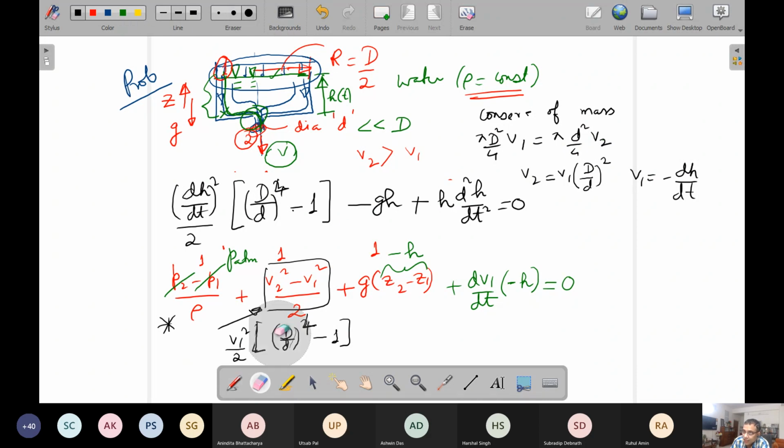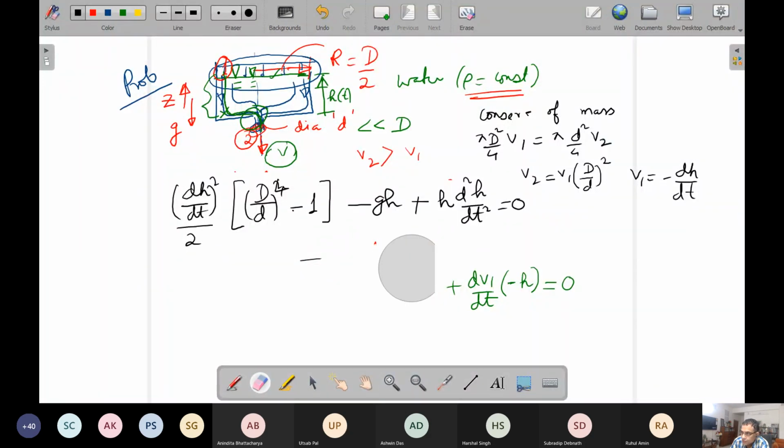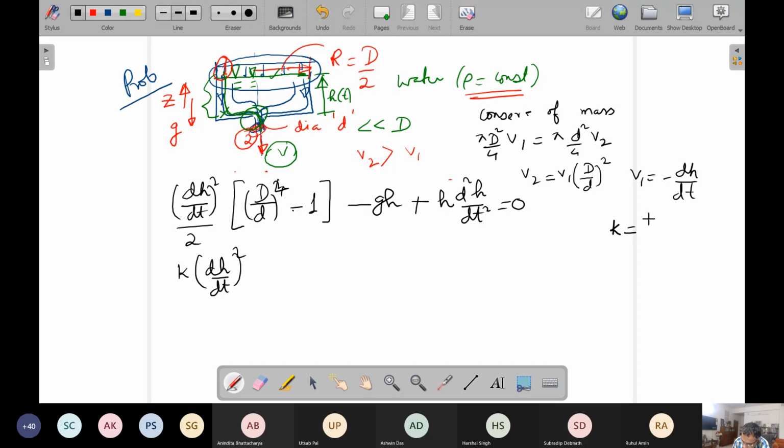So let us write the form of the differential equation instead of just writing it as a whole. So you have some k into (dh dt) whole square, where what is this k? Let me write it somewhere.